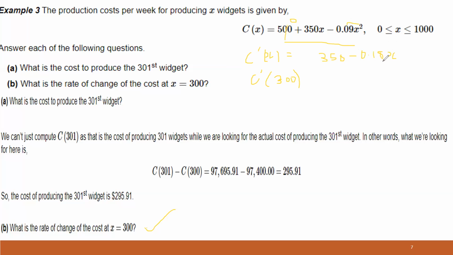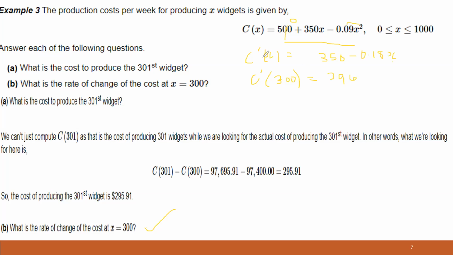Now you plug in wherever you see x, you're going to put 300. What do we get here? 296. Good job. Everyone understand that?